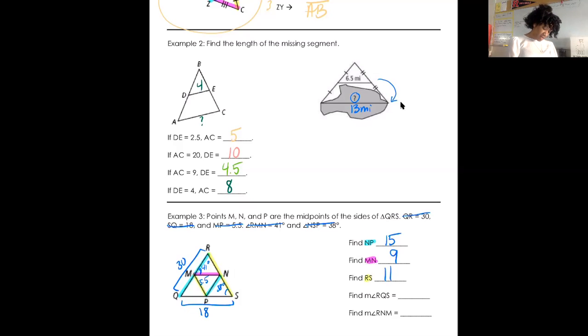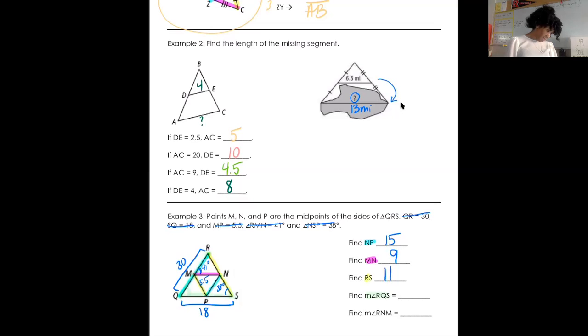Next one, these are the angles now. Find the measure of angle RQS. Let me get a different color highlighter. Measure of angle RQS is right here.